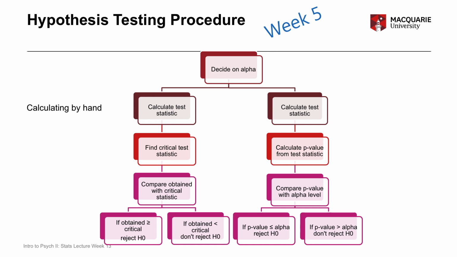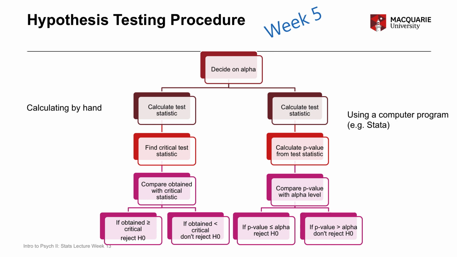We did this for most of the tests that we ran, not all of them, but most of them, to manually calculate our test statistics, so our t statistic or our chi-square statistic. And we then compared that with a critical test statistic, being critical t or a critical chi-square, to see whether we reject the null hypothesis or not.